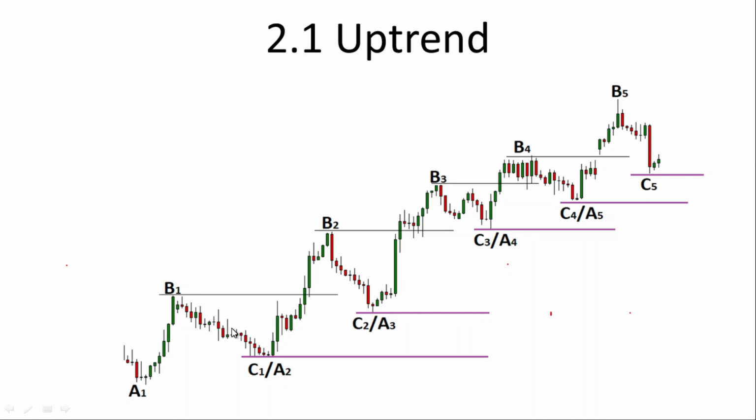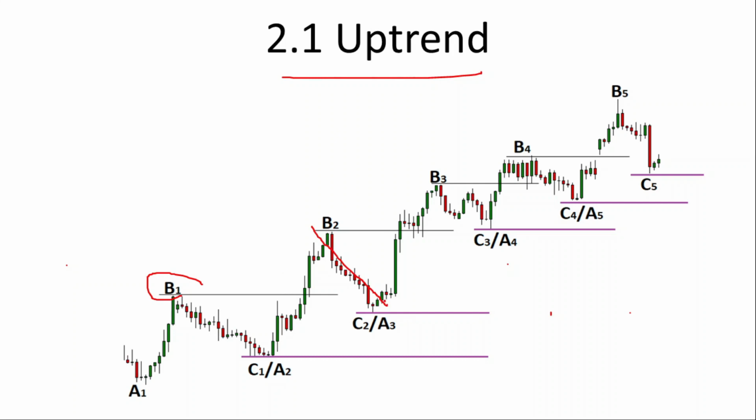So if I pull back my pen so that you can follow along, you can see that this resistance was set at B1, and then we draw a straight line. This is the resistance. This following A2 to B2 move actually did not respect this, and then we will know we are in a what? We are in an uptrend, and then we get even our retracement.